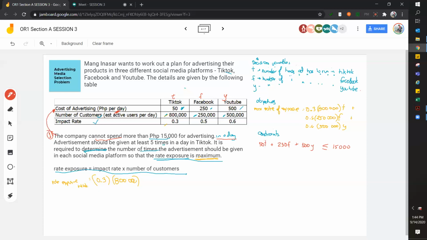Then second constraint, at least given in TikTok. Paano yan? So dapat daw yung TikTok ay 5 times. Or advertisement should be given 5 times in a TikTok. Paano yun? Anyone?